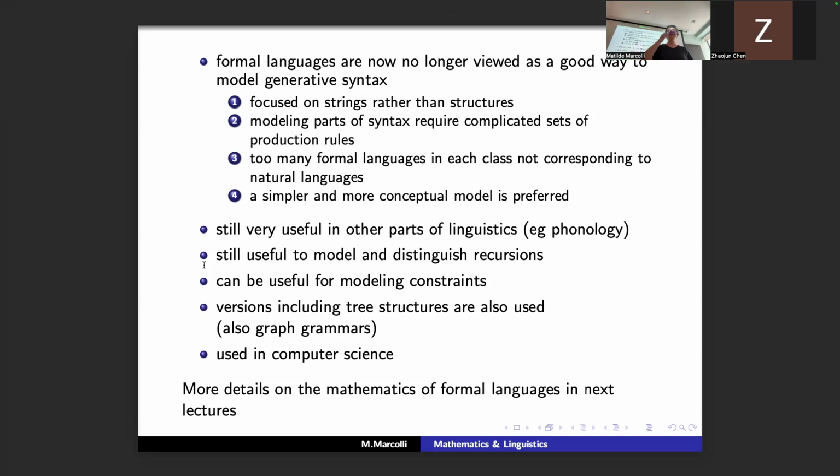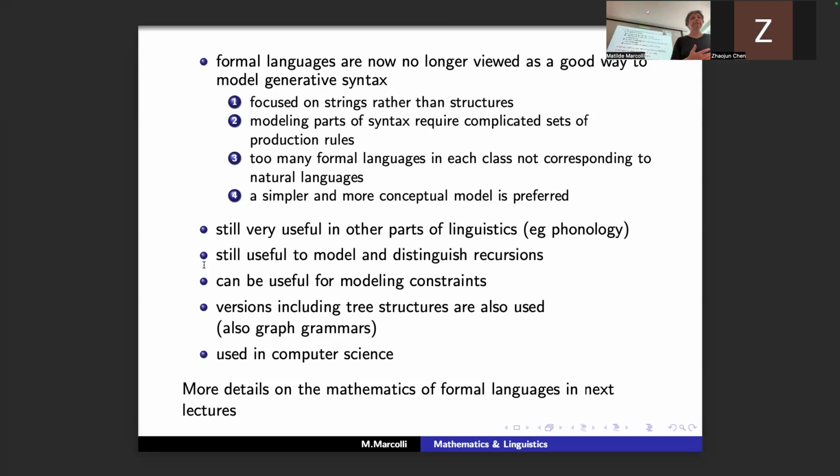As I was discussing last time, one can easily see that our brain is sensitive to the structure beyond just the string of words in a sentence. This problem can be partially accounted for, because you can have some types of formal languages that are based on tree structures, not just on strings.